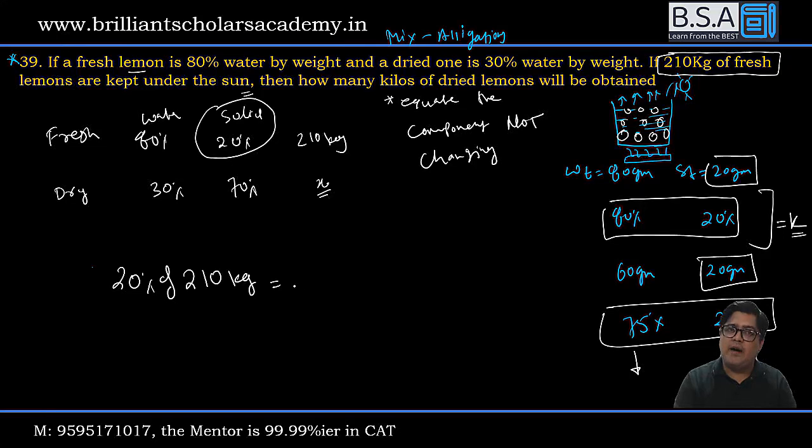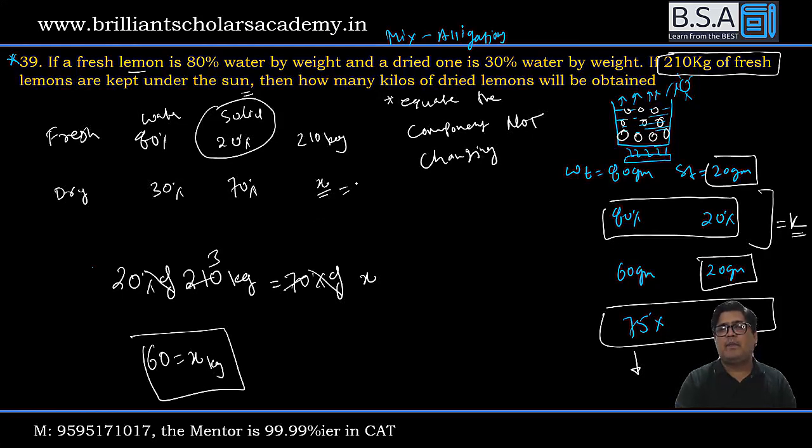Solid is 70% of X. Your job is done. Percentage is cancelled. 70 will cancel 3 times. 20 into 3, 60 kilograms are left.